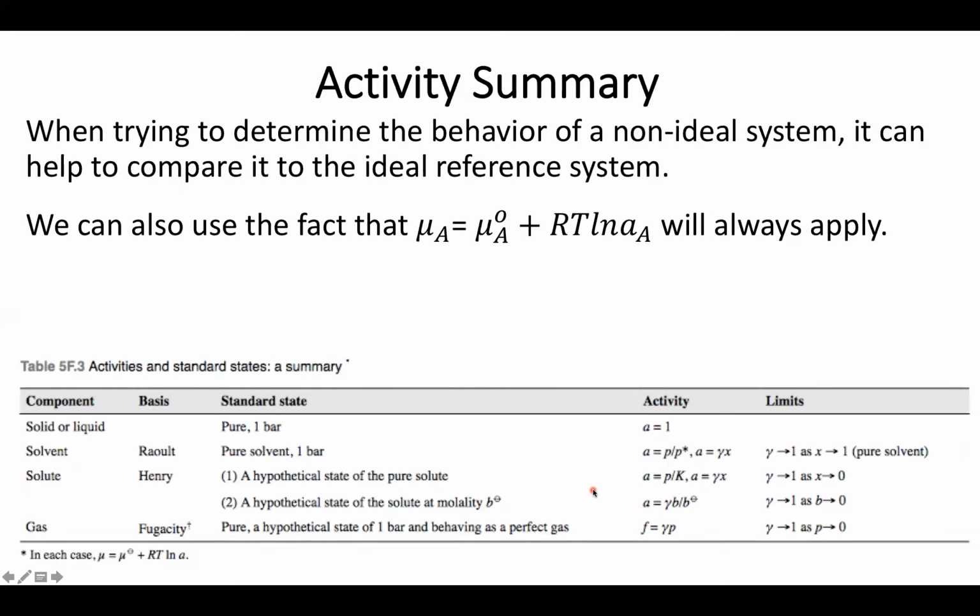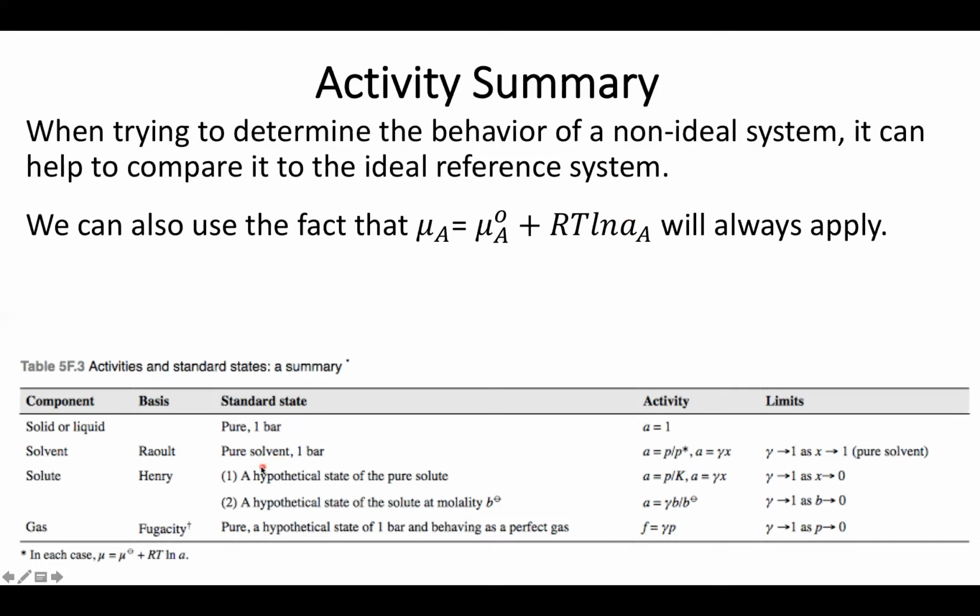One of the equations that's always going to apply is that the chemical potential is always going to be equal to the chemical potential of the pure species plus RT ln of A. And this will always be equal to RT ln of the vapor pressure over the ideal vapor pressure. These are our base equations.